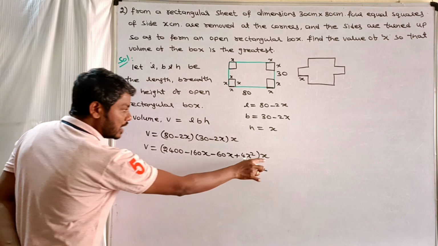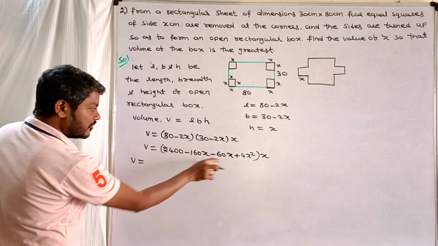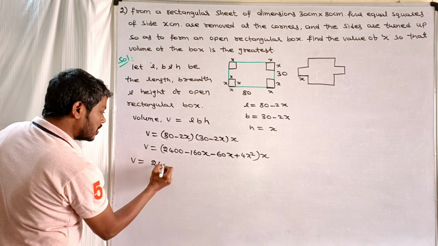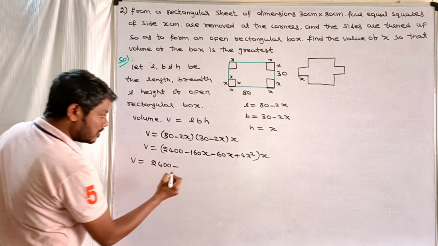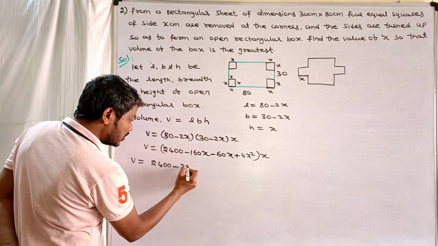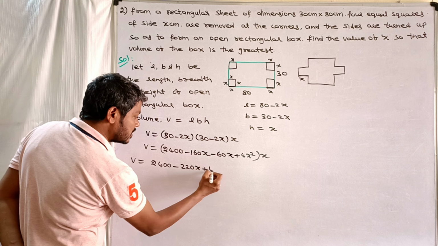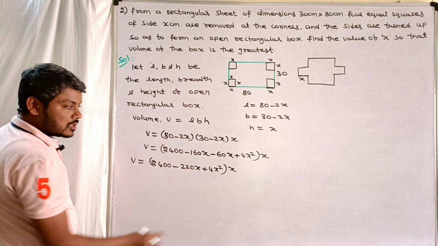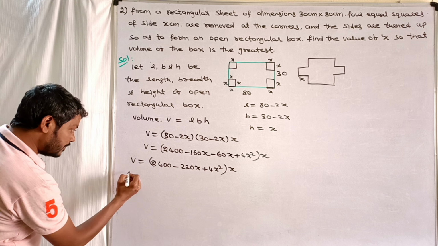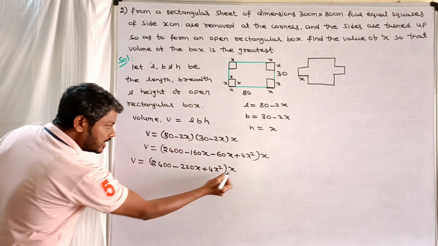Therefore V is equal to, simplifying first this one, 2400 minus 160x minus 60x, minus 220x plus 4x square, into x. So multiplying x inside the bracket, clearly this function is in terms of x.